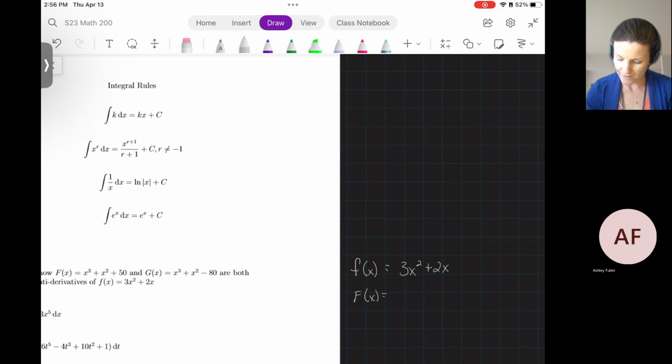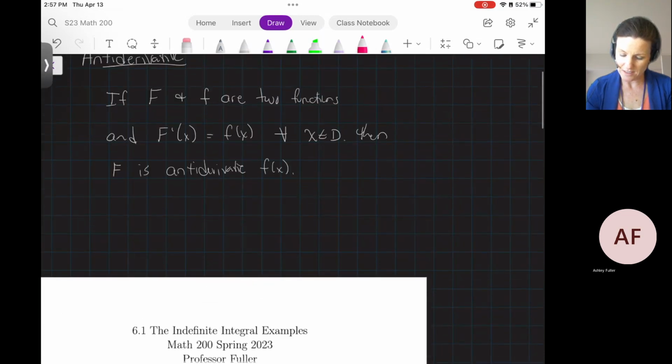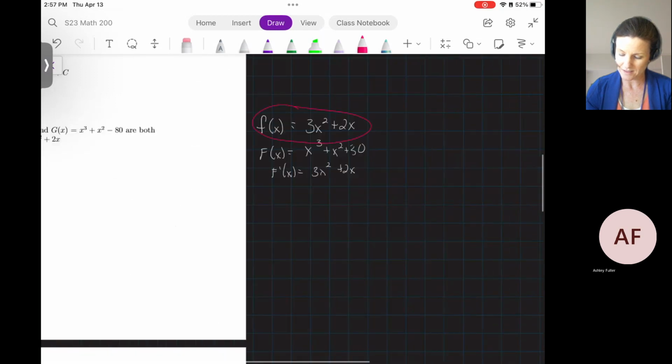So if we take F of x and we take the derivative of that, we get 3x squared plus 2x plus 0, which is this function here. And based on our definition, since F prime of x is equal to little f of x, then big F is the antiderivative of f of x.